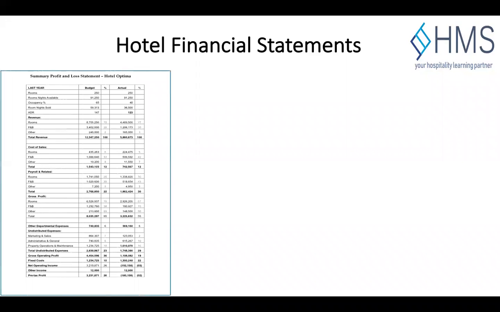Now, moving forward, let's understand the summary profit and loss statement. The profit and loss statement can be abbreviated to P&L statement. It is a financial report established on a fixed period of time. Now, there's no fixed time.